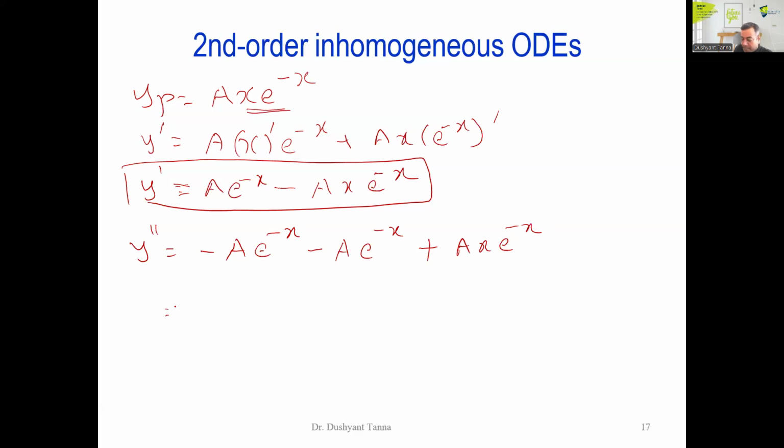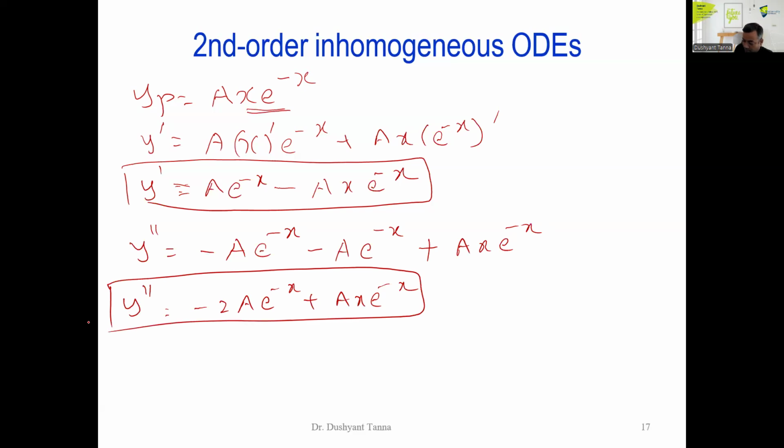After simplifying, I can say minus 2a e raised to minus x plus ax e raised to minus x. This is my y double dash. Now the equation I had is y double dash minus 2y dash plus 3y is equal to 4 e raised to minus x. Plug everything here.